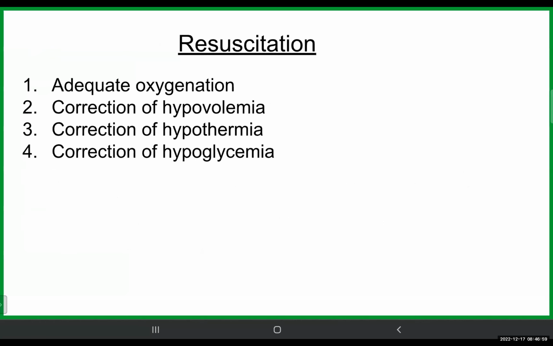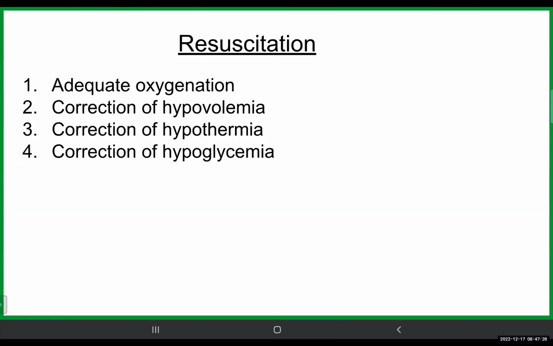Coming to the resuscitation part: adequate oxygenation, correction of hypovolemia if there is hypotension, correction of hypothermia by giving the patient a warmer, correction of hyperglycemia with insulin, and if there is any fever, then we should use antipyretics.